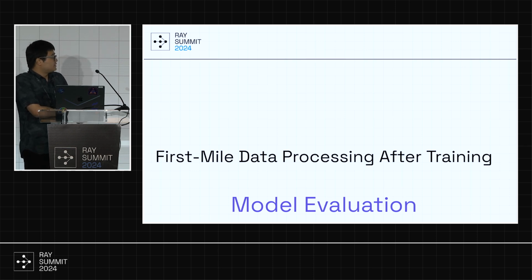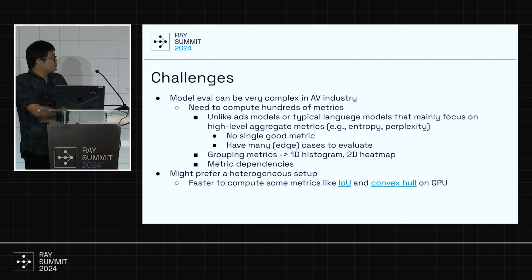Okay, so the next part is the model evaluation after training. This part I think is a bit more interesting, because in our AV industry, our eval has some unique challenges. One reason is that we need to compute hundreds of metrics.